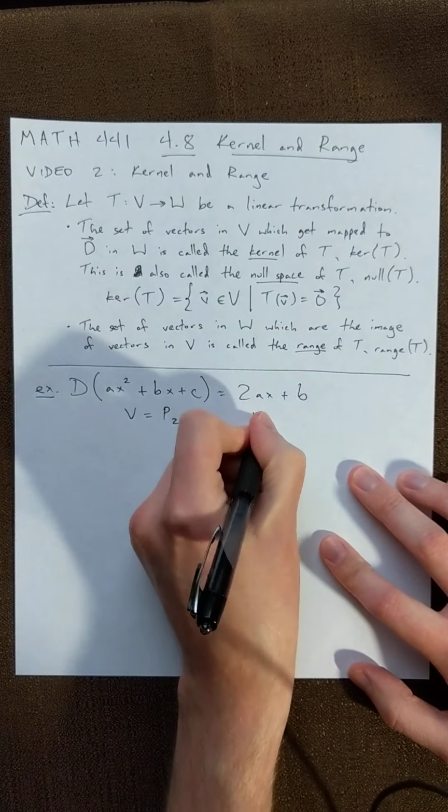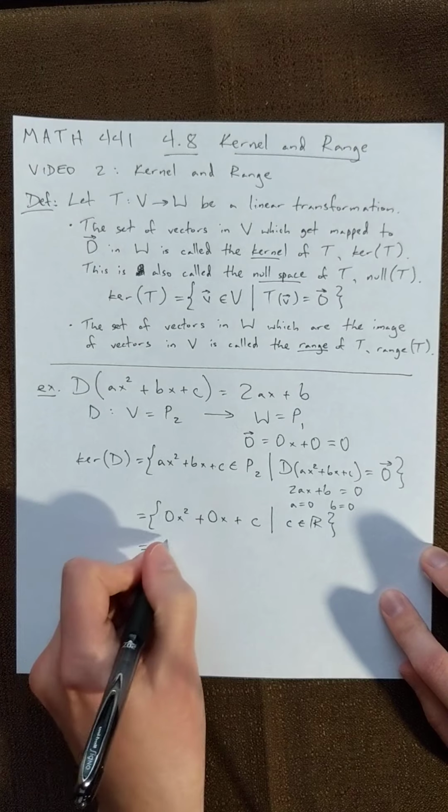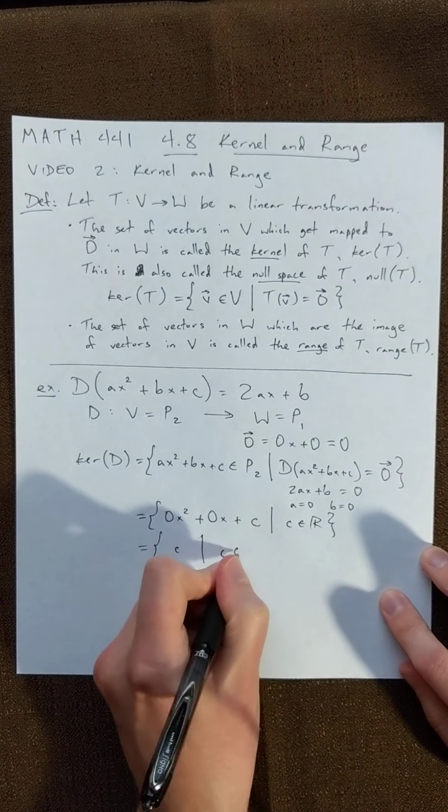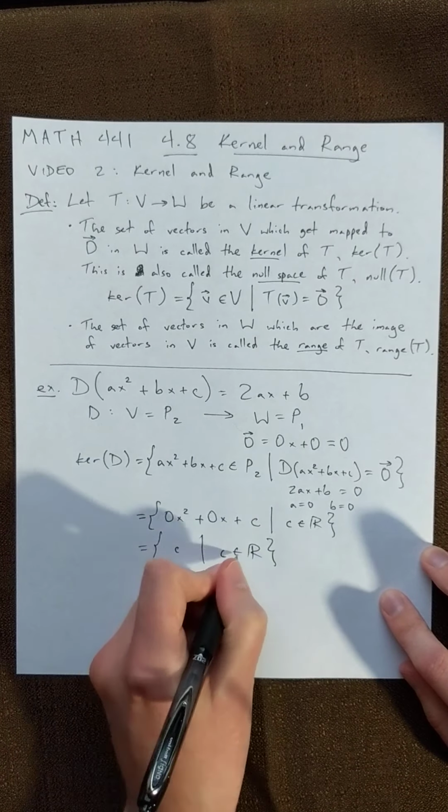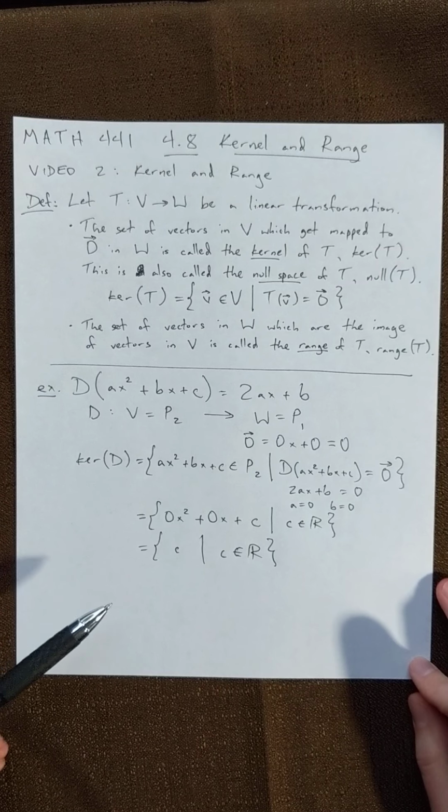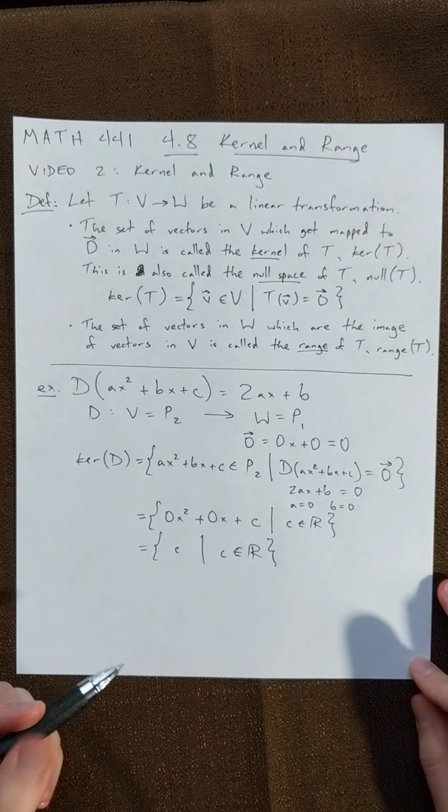When is 2ax plus b going to be equal to 0? Well, when a is 0 and b is 0, which means that c could be anything. So the kernel is the set of all things where a is 0, b is 0, and c is anything. An easier way to write this would be the set of all constants. The set of all constants is the kernel of differentiation when we're talking about derivatives of polynomials. Those are the things whose derivatives end up being 0.